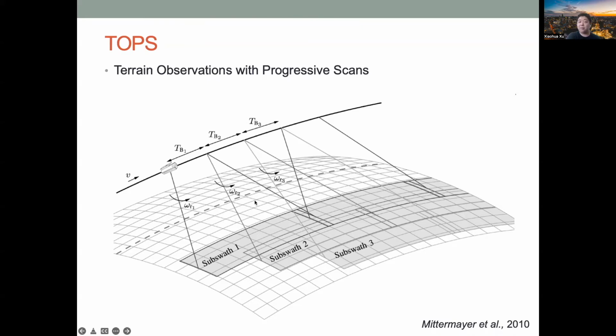Thus, the amplitude will be maintained around the same level. It still has some scalloping, but much smaller. Then you scan the next subswath and then come back to the first subswath. The idea sounds really great, but of course, when these new techniques come around, they also come with new challenges.